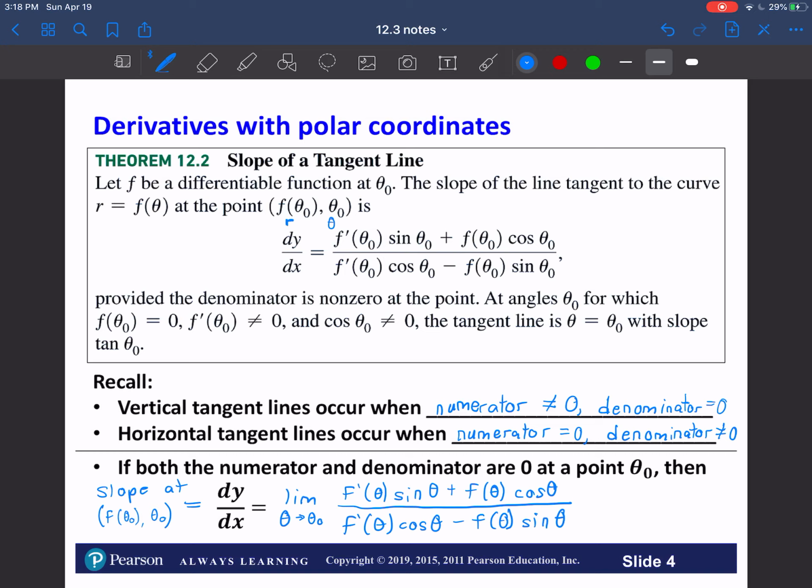So basically the idea is you just have to compute a limit now as theta approaches theta naught. And perhaps you might need to use L'Hopital's rule or something to figure out what that limit is equal to. Alright, great.